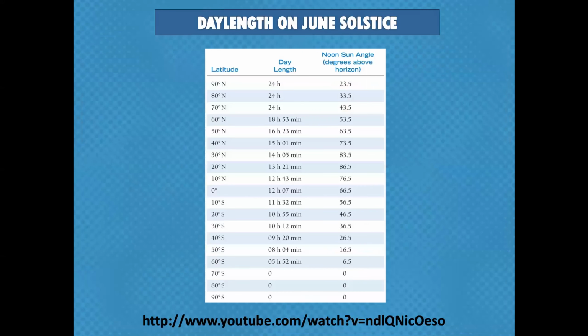And here's an example of June. At latitude 90, there's 24 hours of sunlight. Latitude 80, latitude 70. But if you go all the way to the southern hemisphere at latitude 70, 80, or 90 south, there is basically no sunlight. The sun never pokes above the horizon.